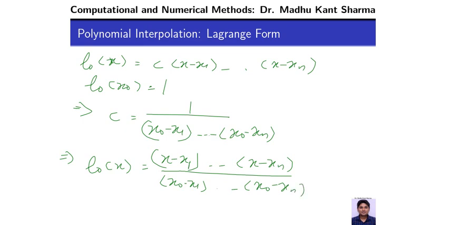So if you wish to write it in the compact form, that is equal to the product, using this symbol, of j equals 1 to n, of (x minus xj) divided by (x0 minus xj). So by similar reasoning, you can also find the other cardinal functions.